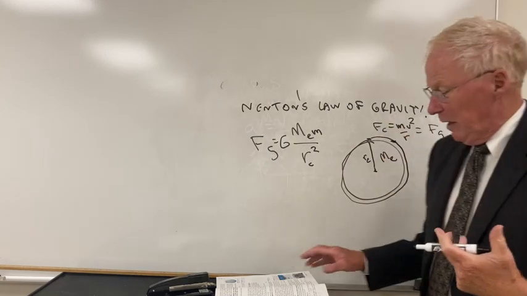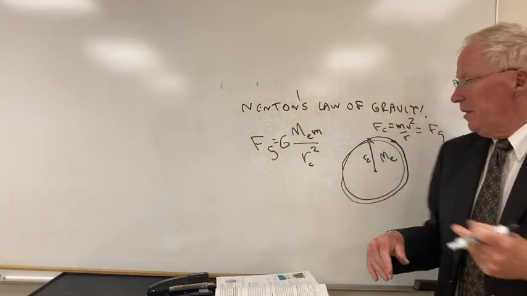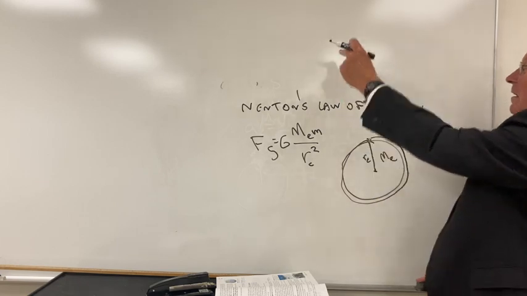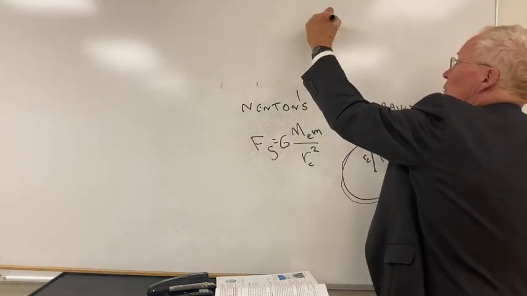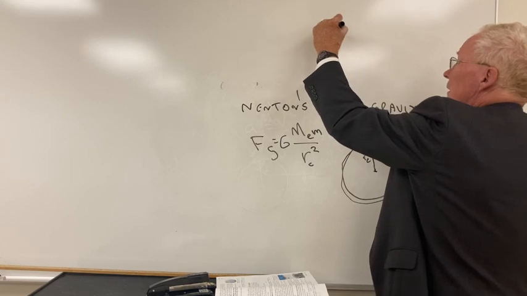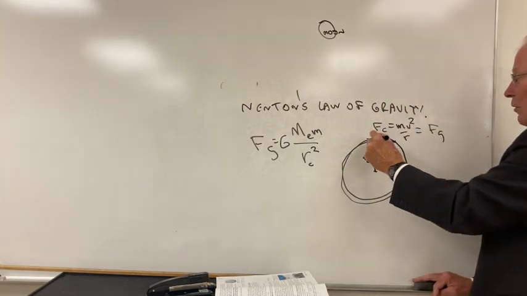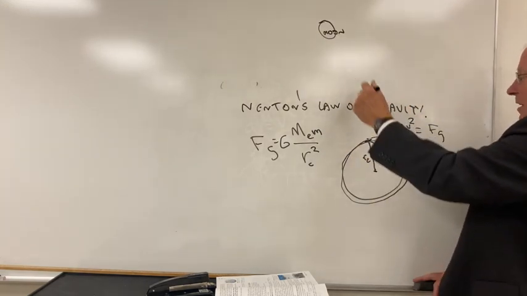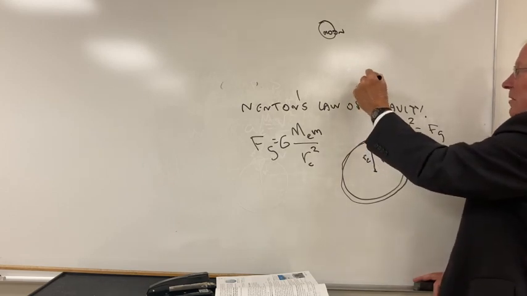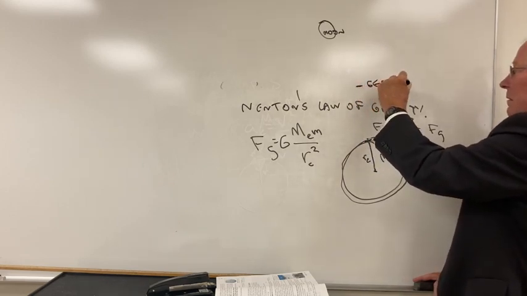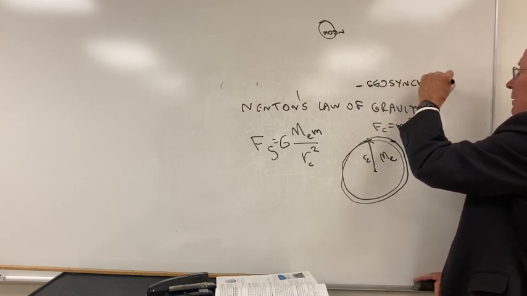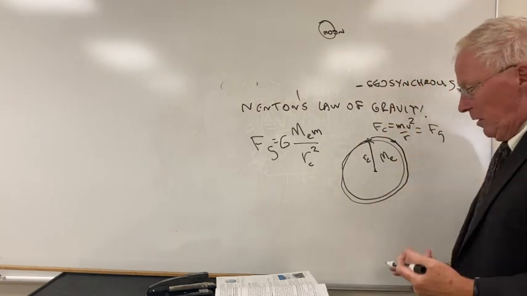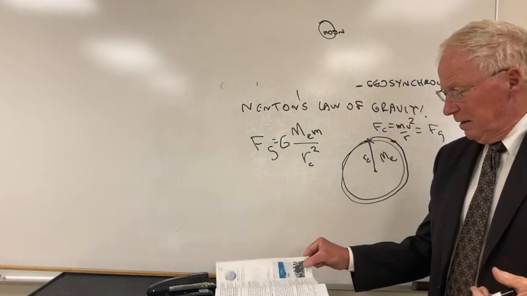And we talked about the period for something near the Earth's surface, up at a geosynchronous satellite, and then up at the moon. What's the period related to each one of these cases? So when you have geosynchronous, and so on, how does the period relate to that?